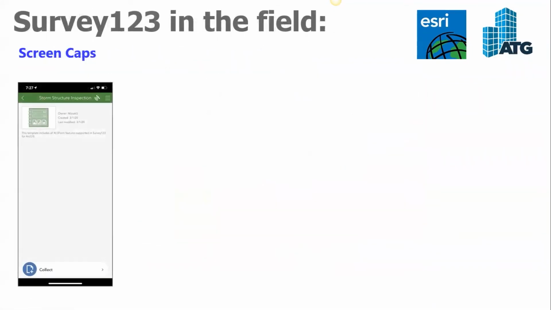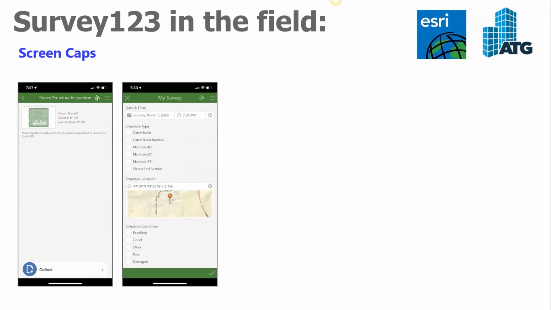Now that I'm in the field, since I'm inside, I can't really show you the app live. I open up Survey 123 on my phone. I obviously log in, and then I download the storm structure inspection survey. And that's what I have here. And what I have is the ability to say collect.